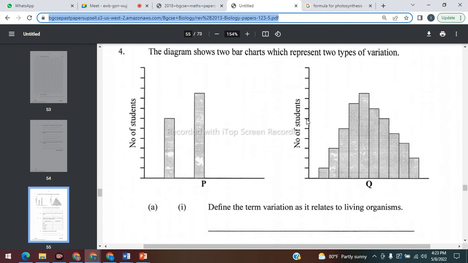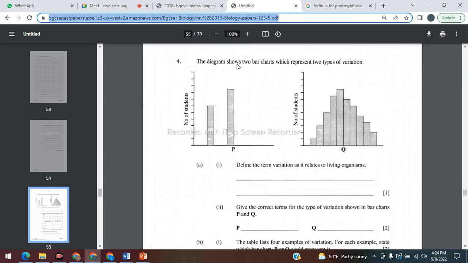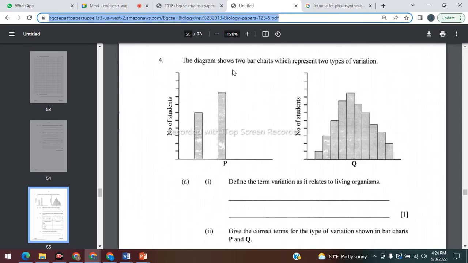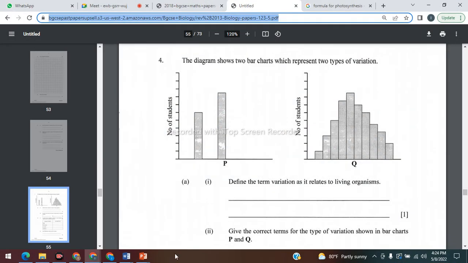Let's do number four. Define the term genetic variation. The diagram shows two bar charts, which represent two types of variation. So this first one says define the term variation as it relates to living organisms.